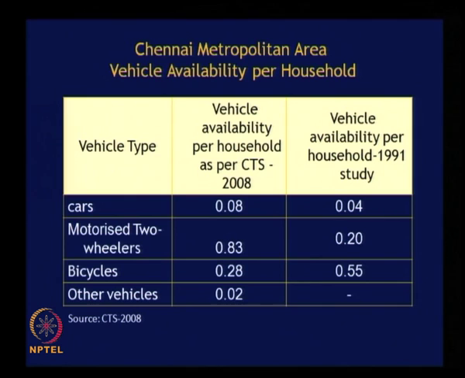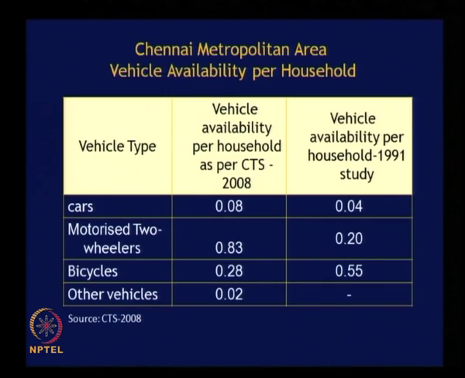It is very interesting, only 0.28 per household. People do not like bicycle, they like motorcycles much, and other vehicles, three wheelers and other including animal drawn vehicles, okay. Other categories 0.02. Most interesting aspect is you compare these numbers with the previous value obtained in the year 1991 shown in the last column.